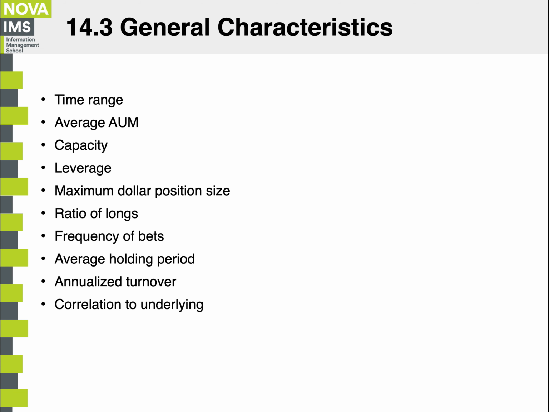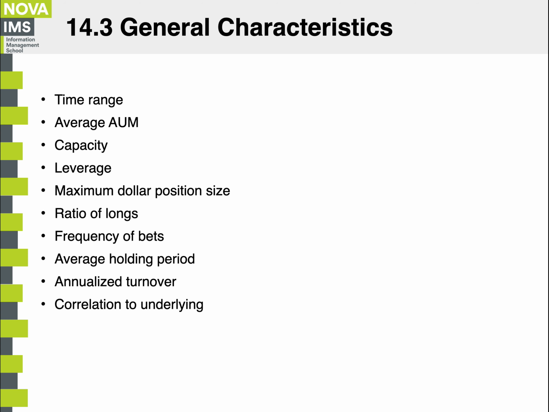High-frequency strategies may hold a position for a fraction of a second, whereas low-frequency strategies may hold a position for months or even years. Annualized turnover measures the ratio of the average dollar amount traded per year to the average annual AUM. High turnover may occur even with a low number of bets, as the strategy may require constant tuning of the position.